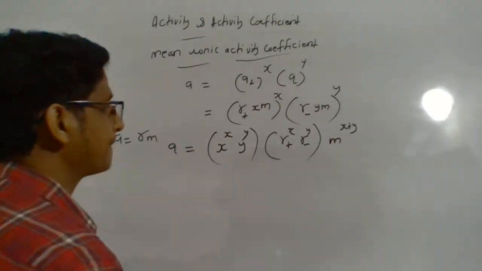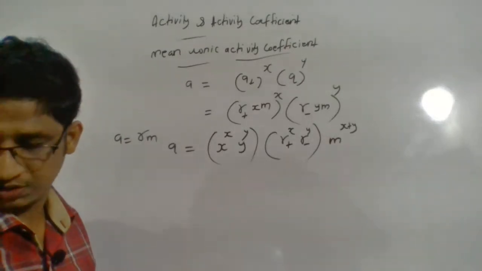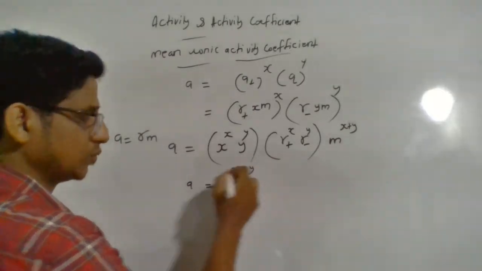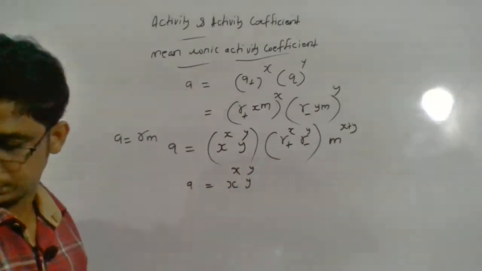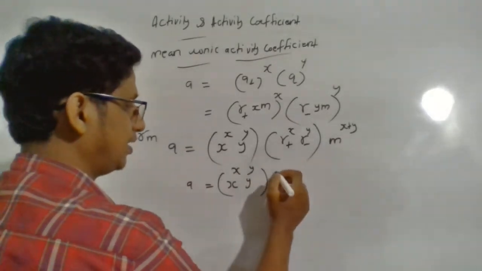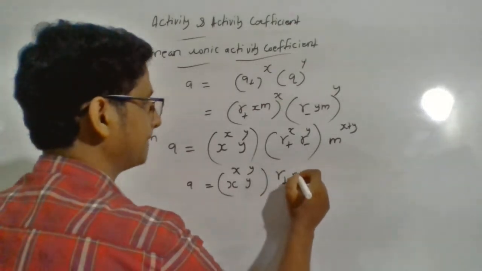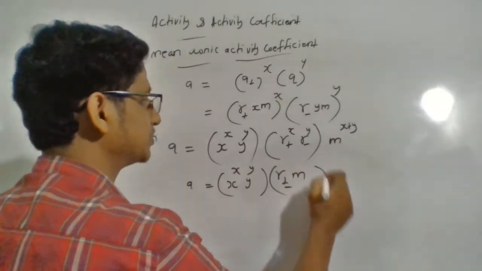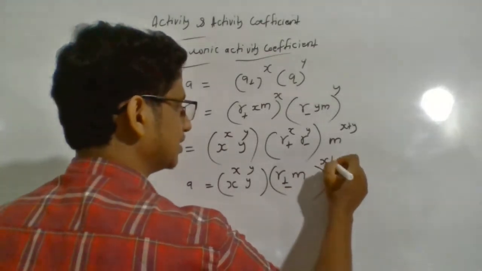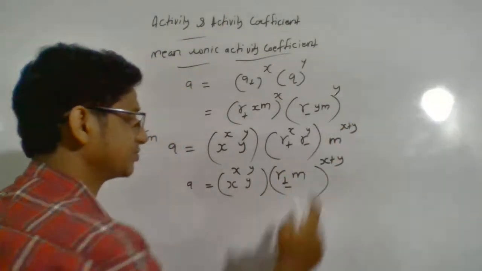Now you can write the activity a, which is equal to x raised to x into y raised to y into gamma plus or minus m raised to x plus y.